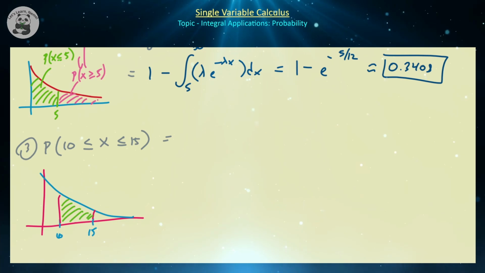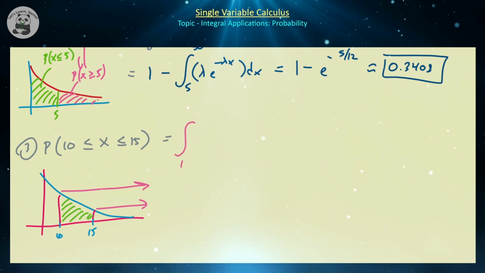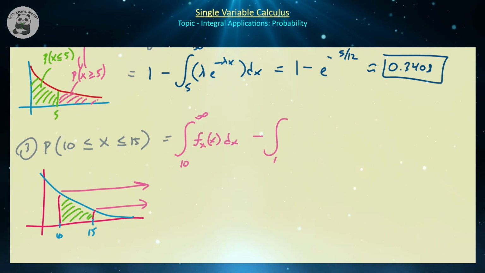So what we can do is find the area to the right of 10, find the area to the right of 15, and then subtract. So we can write this as the integral from 10 to infinity of our density function, minus the integral from 15 to infinity of our density function.